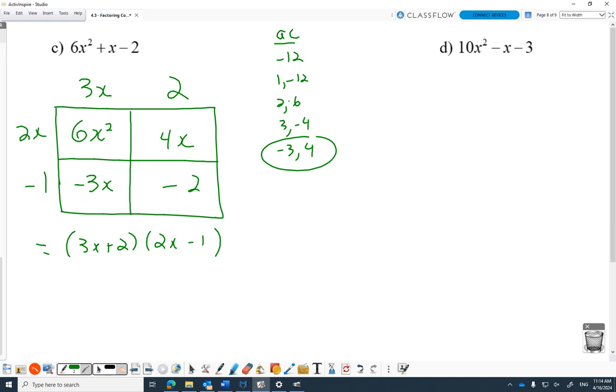Show me some work though. That way, if you make a mistake, I can give you marks. Yeah? If you show the box in the window and you make one mistake on a negative or something like that, I can give you 2 out of 3 and go, she knows what she's doing, but she just missed a step this time. Same with guess and check. Show me all your guesses. So I go, yeah, they know what they're doing. Like, don't erase them, just strike them out. It makes a big mess. And that's okay for now, to have a big mess.